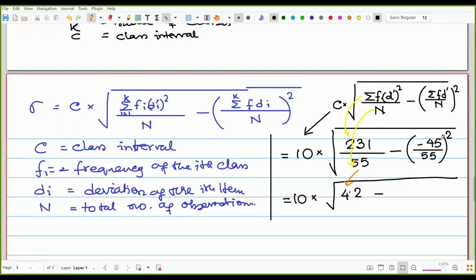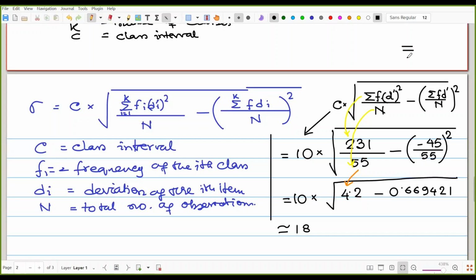Then minus the summation of f d' by N, minus 45 by 55, its square is now 0.66941. That means that one is near about, we can say, 18. Always write down that type of calculation, when it is not equal to but nearly equal to, or approximating values, in that notation.